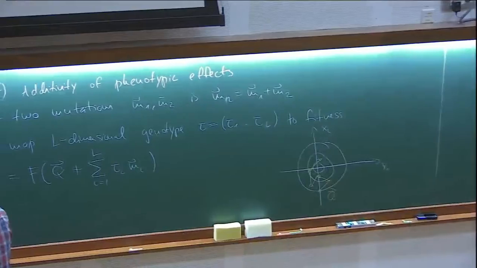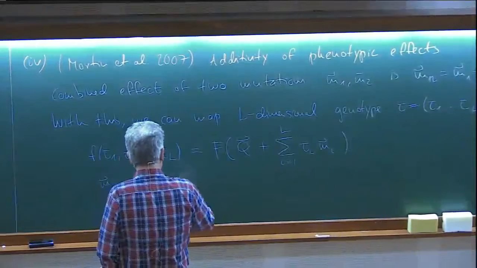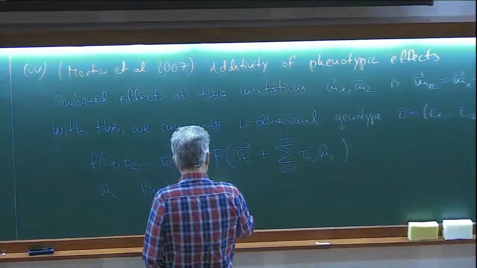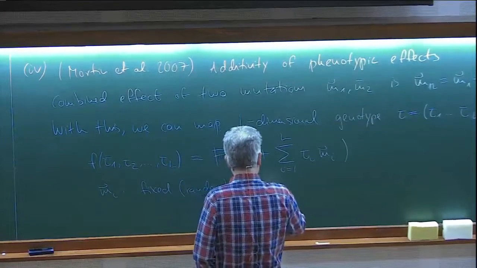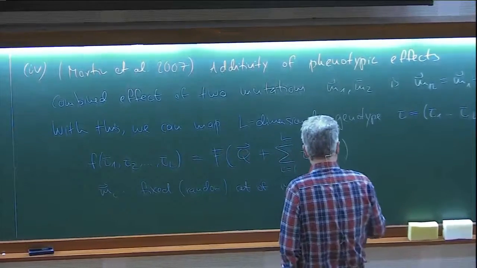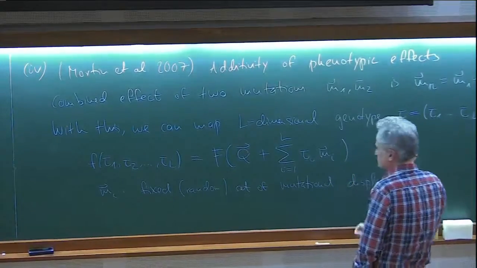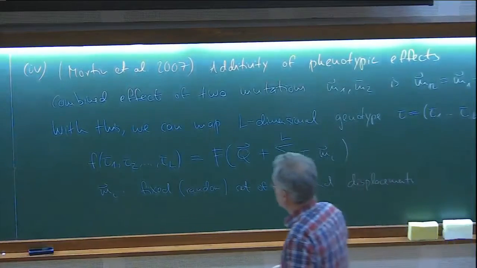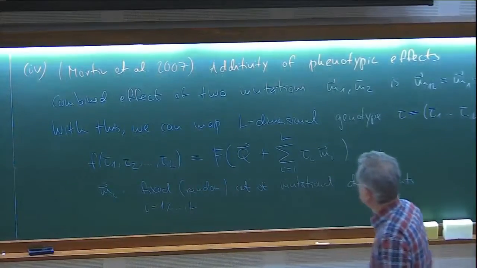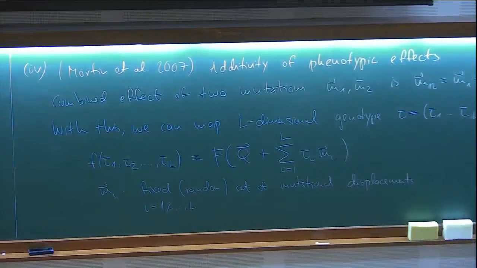So these mi's are fixed but random, so they are drawn from this distribution, a random set of mutational displacements. For i from 1 to L, so I have to pick L mutations, and then how many of those I include in the sum is determined by the tau sequence.